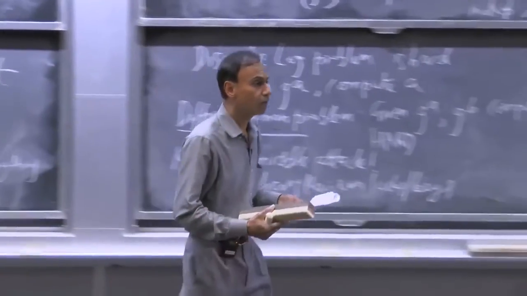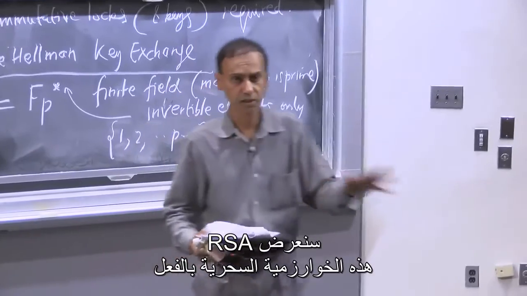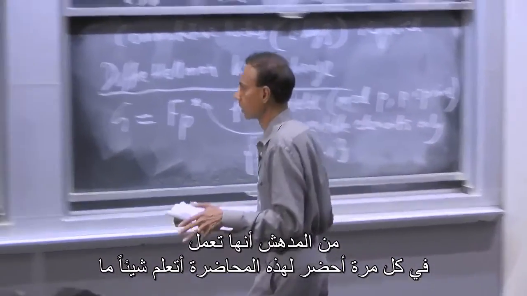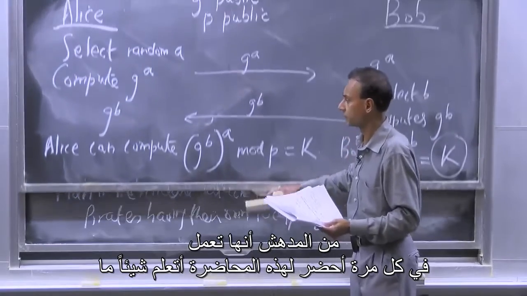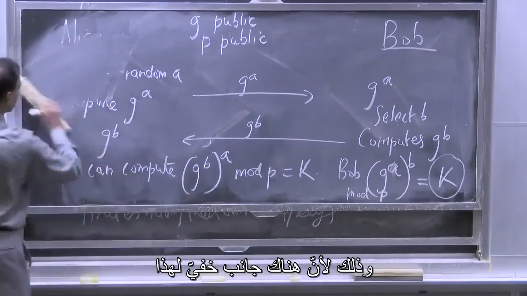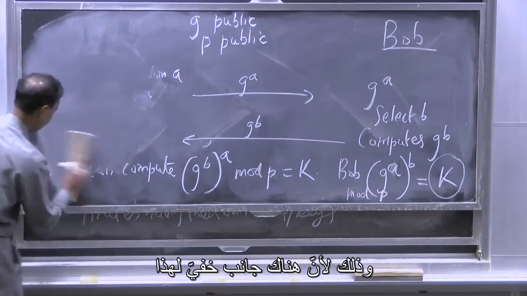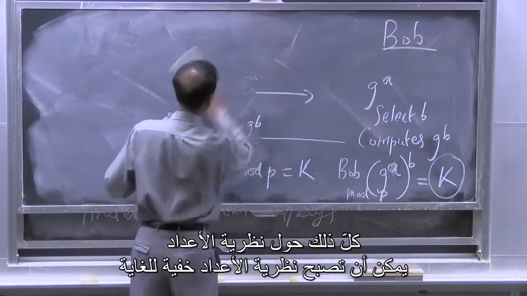We'll talk about those hardness assumptions certainly for RSA and also for another crypto system, a knapsack. So we're going to present RSA, which is this real magical algorithm. It's amazing it works. Every time I prepare for this lecture, I have to relearn some things, because there's one subtle aspect of this. It's all about number theory.